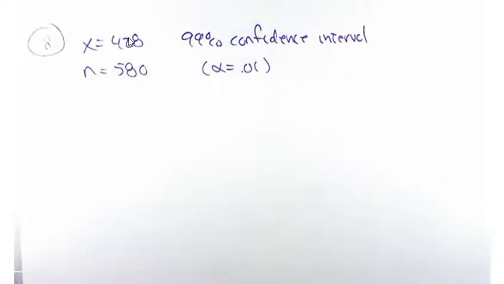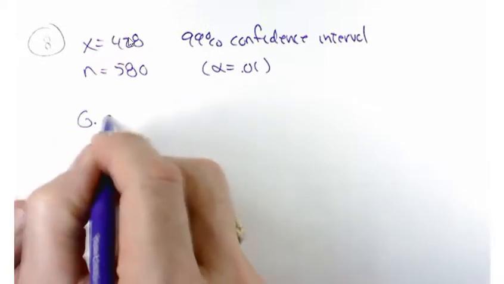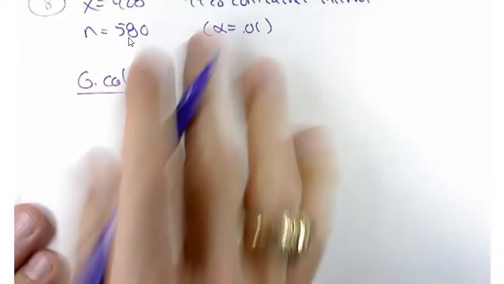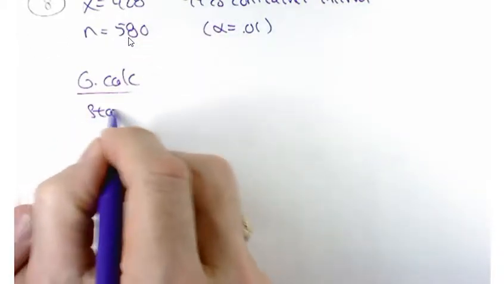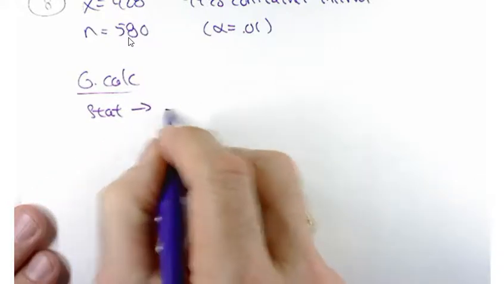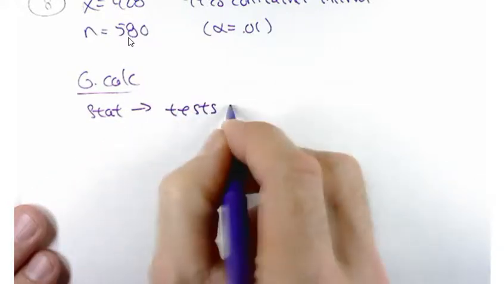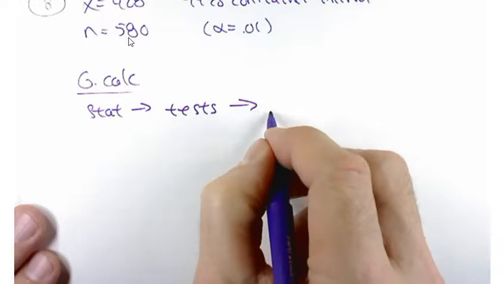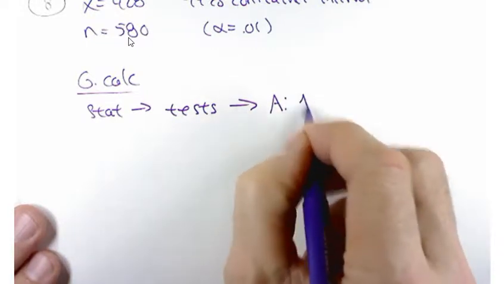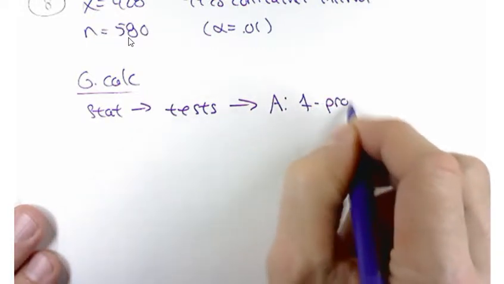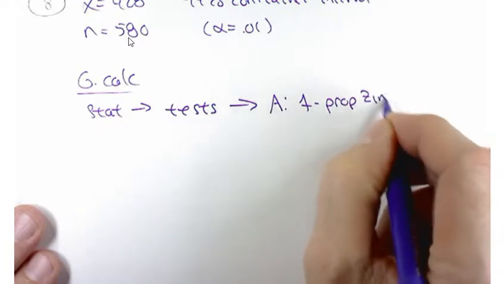Let's do it on our graphing calculator first. You're going to go to Stat, and then to Test, and then to Selection A, which is a 1 proportion Z interval.